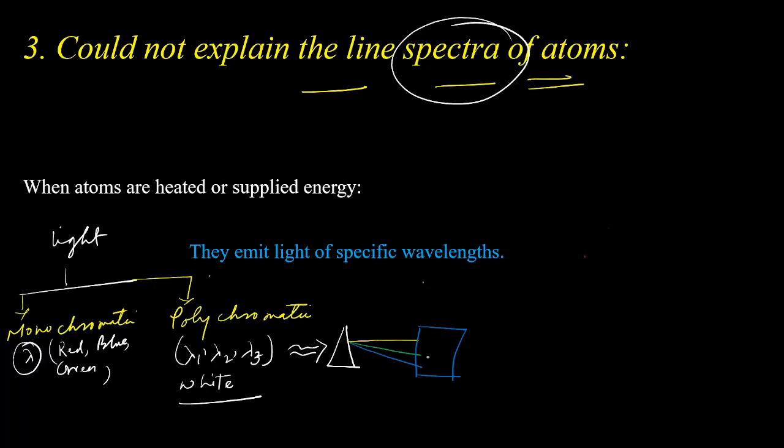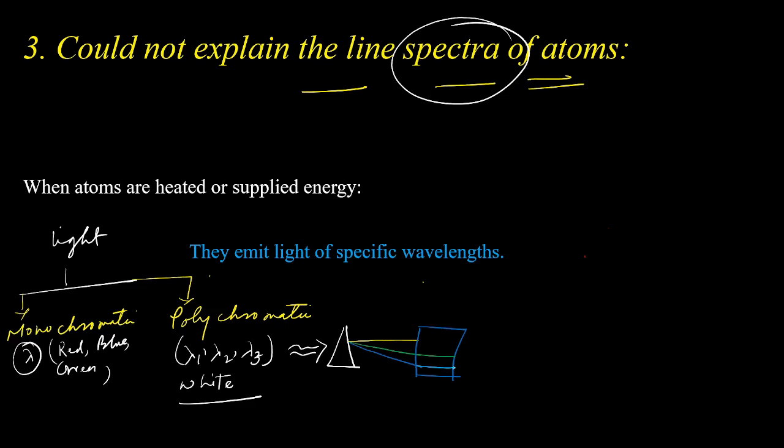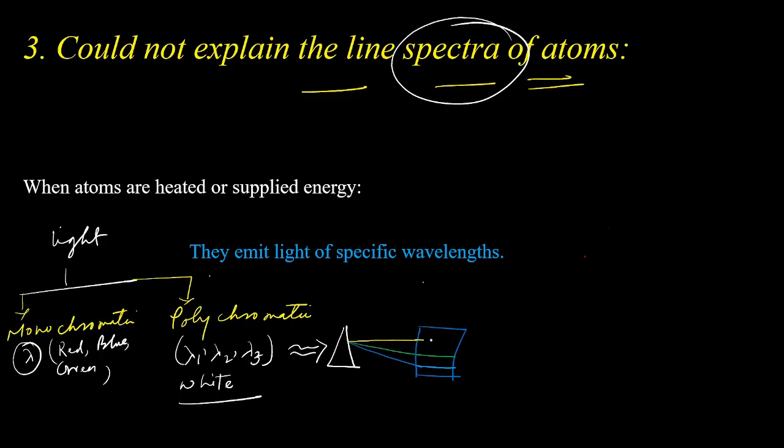So here you can see different types of lights are observed on the screen. This is the screen, and here you can see different types of lights are observed. So this is a spectra. Okay. So this is how spectra is observed.